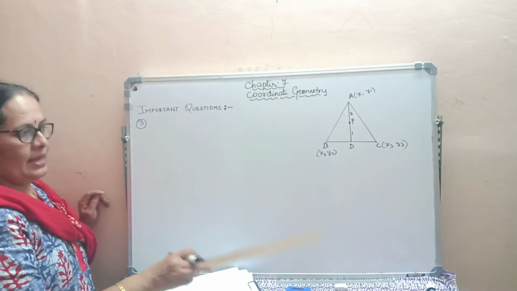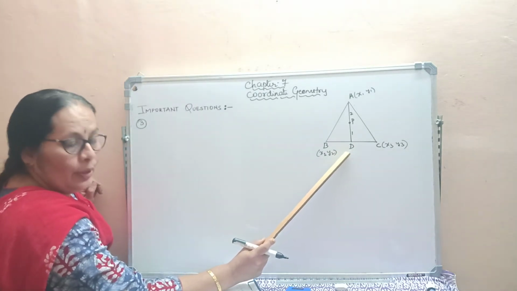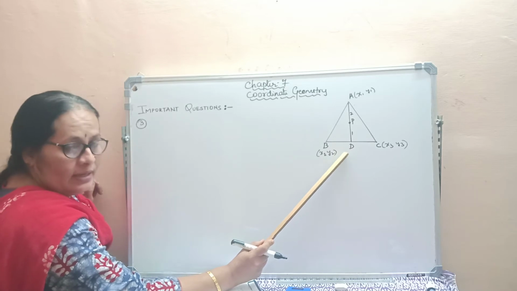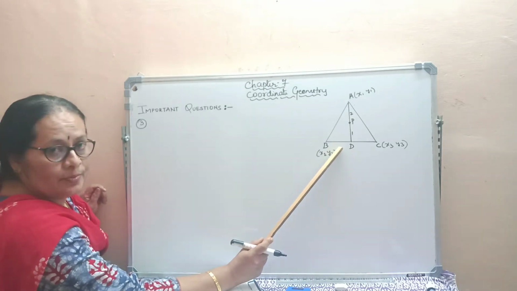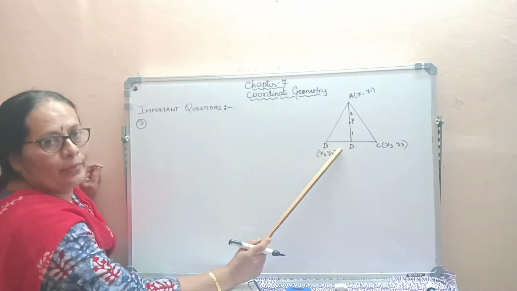So you need to find the coordinates of point D as well as prove that the centroid equals (x1 plus x2 plus x3 upon 3, y1 plus y2 plus y3 upon 3).